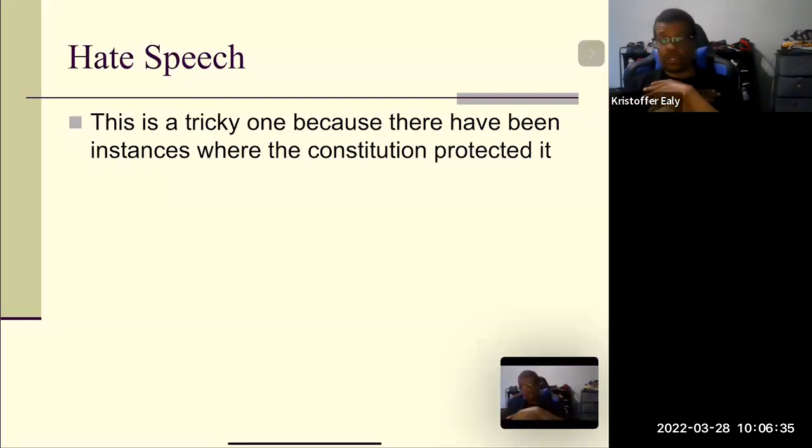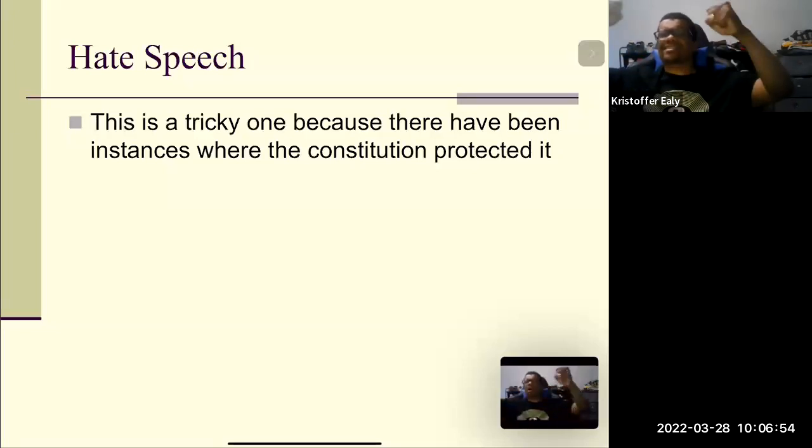You could Google it if you want to. You cannot say racially charged or homophobic slurs to people. And if a fight breaks out, there is going to be an understanding that what you did was so triggering that it caused a fight.